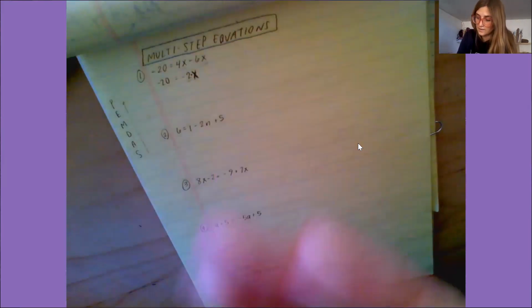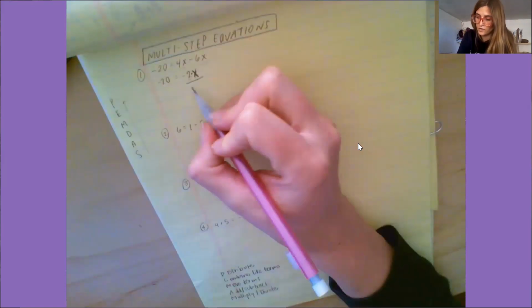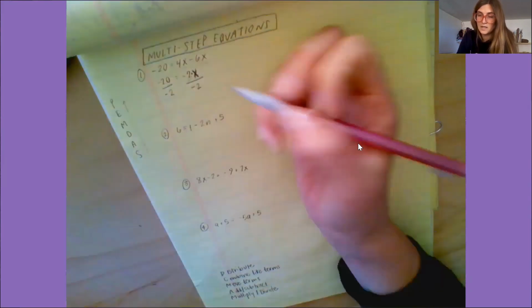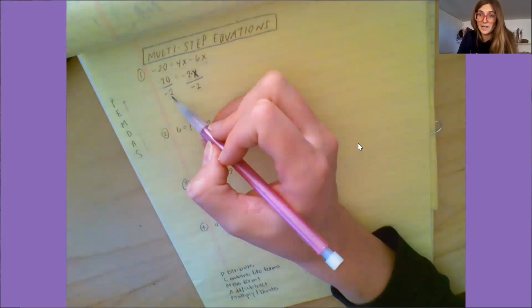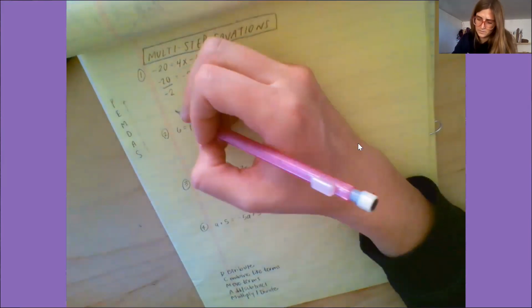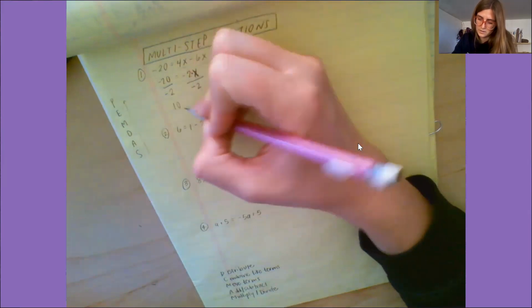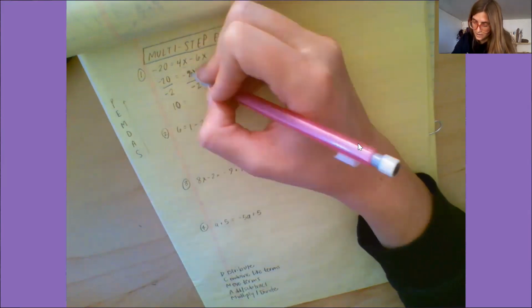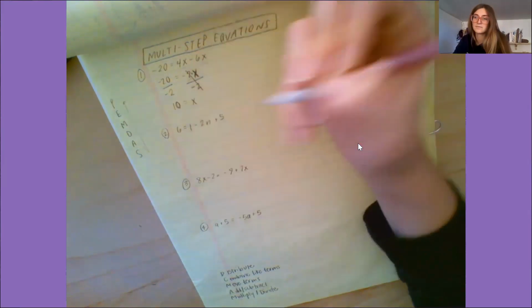So let's do that. Divide by negative 2 over here means I divide by negative 2 over here. Negative 20 divided by negative 2 gives me 10. And that's equal to, this cancels out, so that's just equal to x.